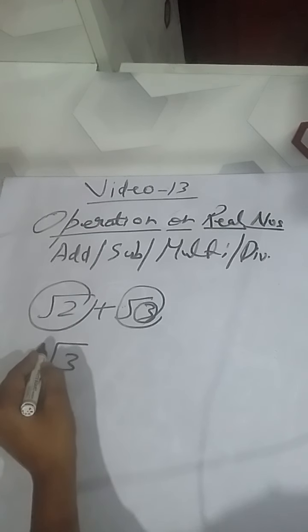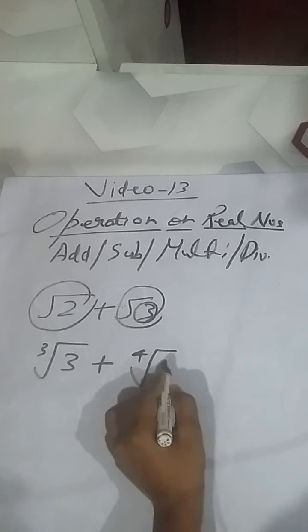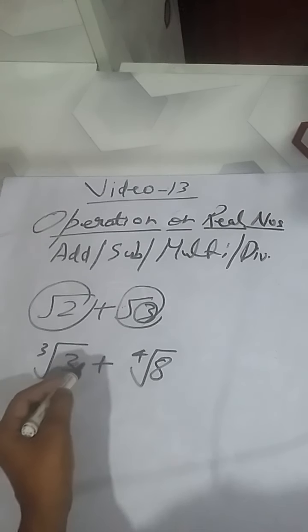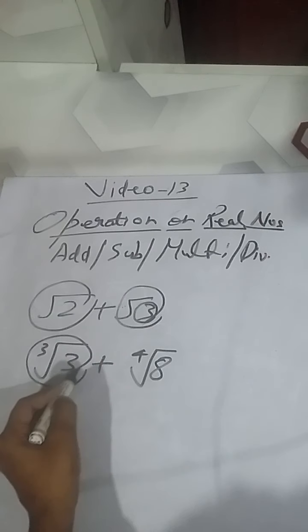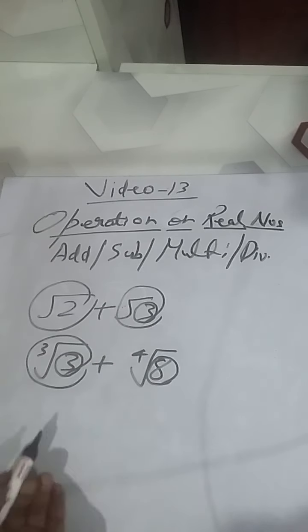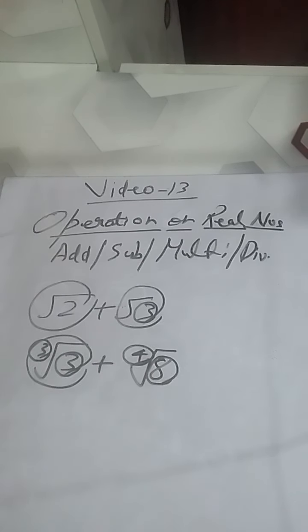Let's take one more example. Here, this whole is not same. Why? Because the radicand is 3 and 8, which is different, and the order is 3 and here the order is 4. So you cannot add or subtract this.